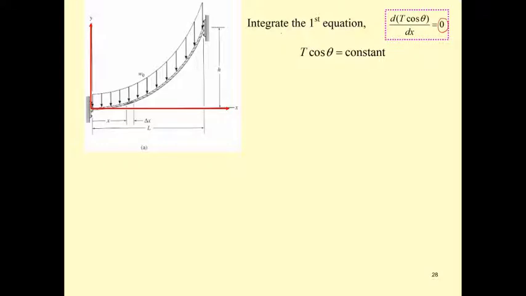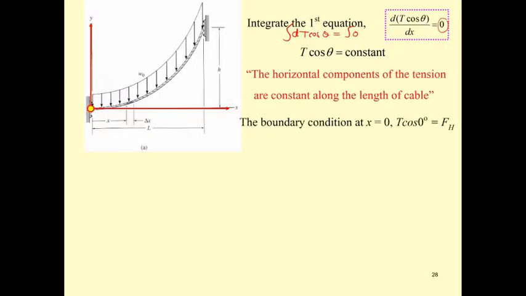When you like it, it's going to be d(T cos θ), and you integrate this, and then you integrate 0. So what you get is T cos θ equal to a constant.